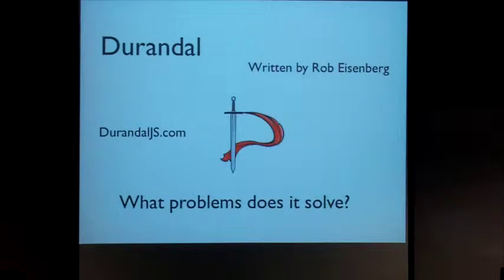So enter Durandal. Rob was here just a couple of months ago for the 3 or 4 of us that were there at that talk. This is not his first front-end framework that he's written. He wrote Caliburn, which is an MVVM framework for WPF, Windows Presentation Foundation.